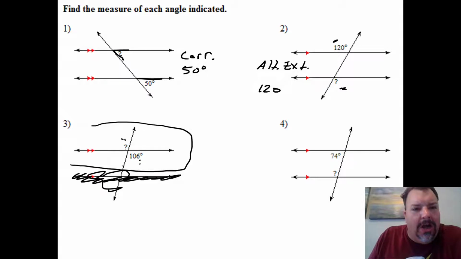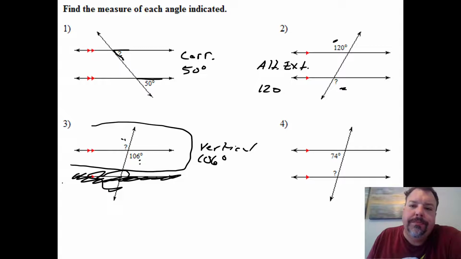It only depends on these two lines. It doesn't depend on the other parallel line. We have two intersecting lines. The angles are across from each other. These angles have to be vertical angles, and vertical angles are congruent. So it has to be 160 or 106 degrees. And number 4, these two angles are inside the parallel lines, but they're not across the transversal.